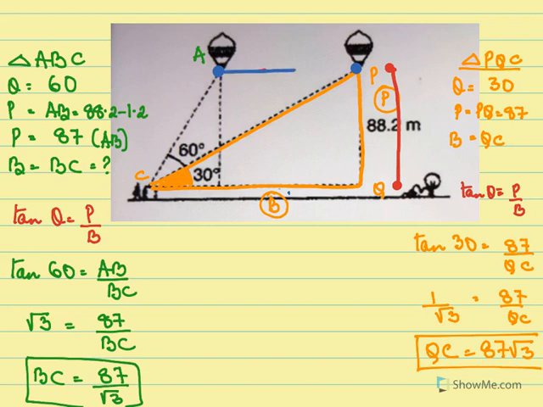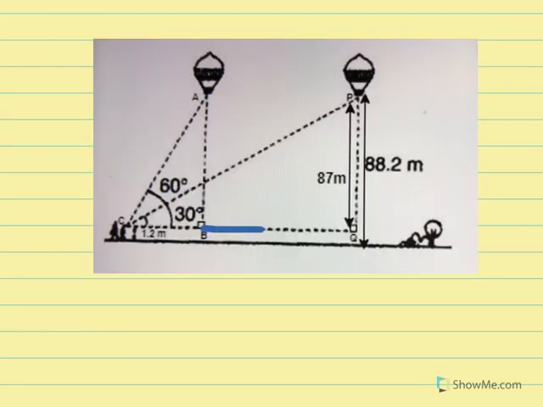This distance traveled by the balloon, which is also equal to this distance. To find the distance, we mark the distance as BQ. So now the next step is to find BQ. Remember, our aim is to find BQ. And how do we find BQ? First, we know this entire length is 87 root 3. We found it.